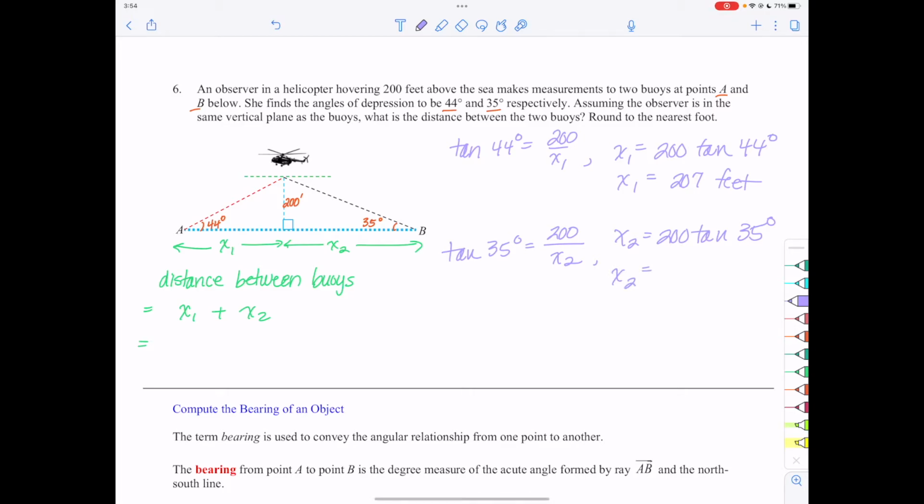So x2 is equal to about 286 feet. And I really should put approximately, because I'm rounding. So adding these together, we have 207 plus 286, and we come up with 493 feet.